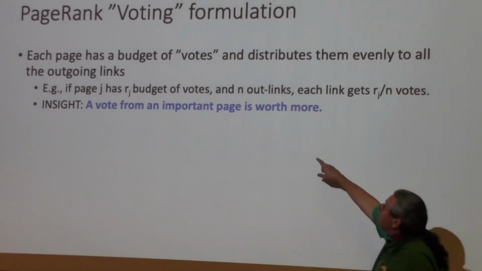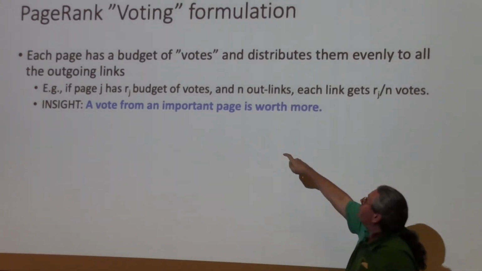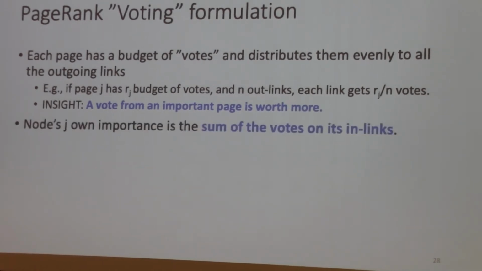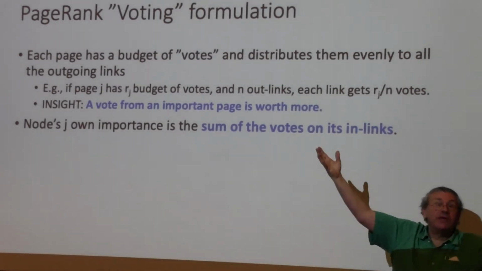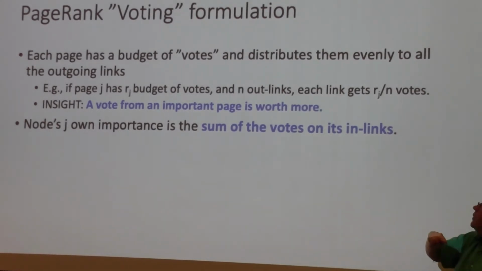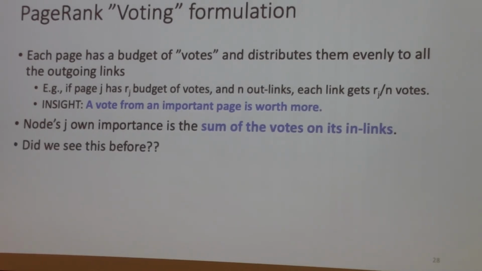The notion is that a vote from an important page is worth more than another kind of vote. And the importance of a page is the sum of the votes on its inlinks. So a lot of important pages pointing to you makes you important, and the more pages there are, the more important you are. So what does this look like? Well, this sort of looks like a random walk.